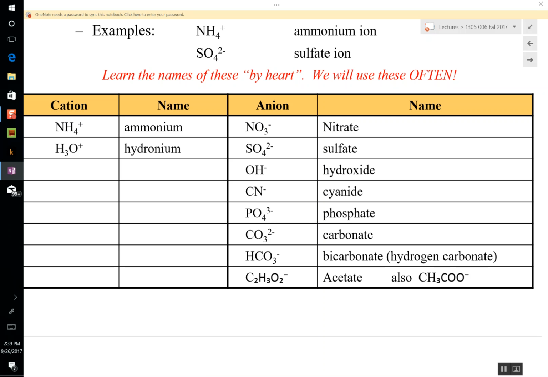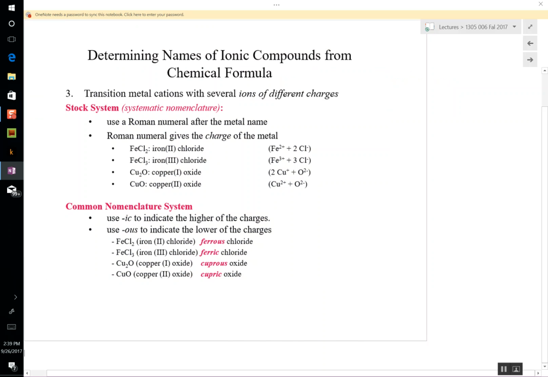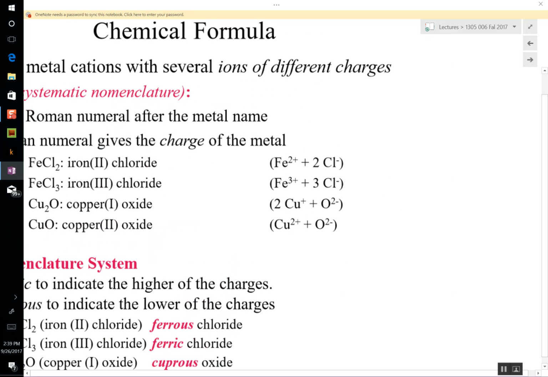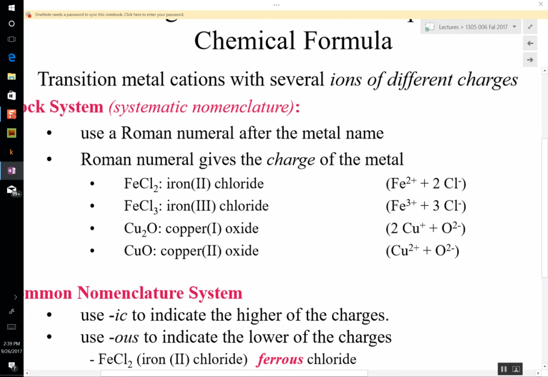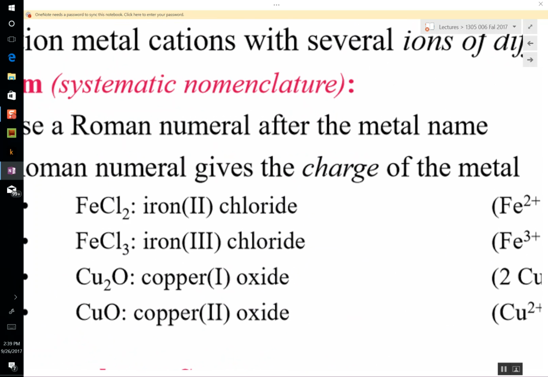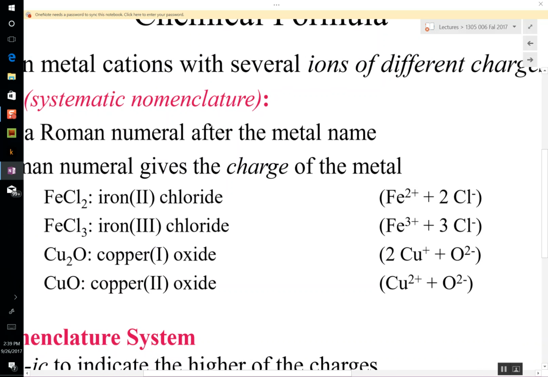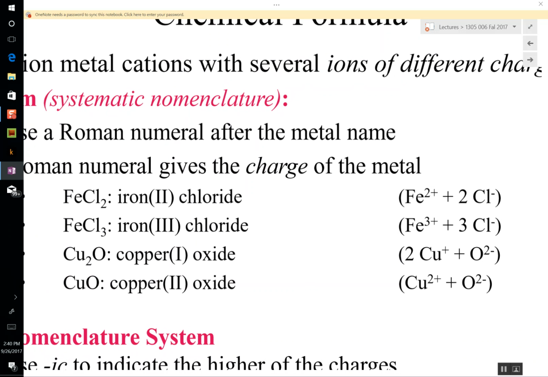They can have more than one charge. Sodium is always going to be +1, but iron can be +2 or +3. So that's what we're dealing with here. Let's deal with one aspect of this at a time. Iron can be +2 or +3.